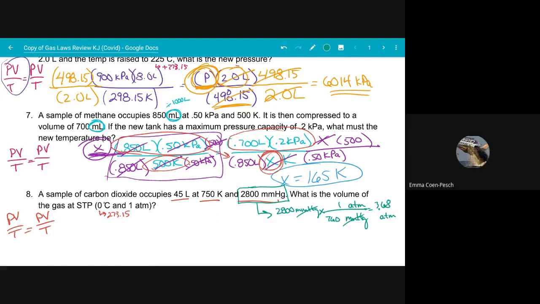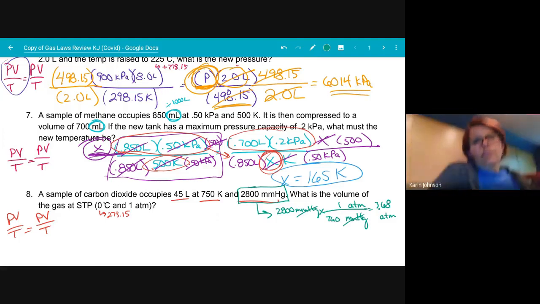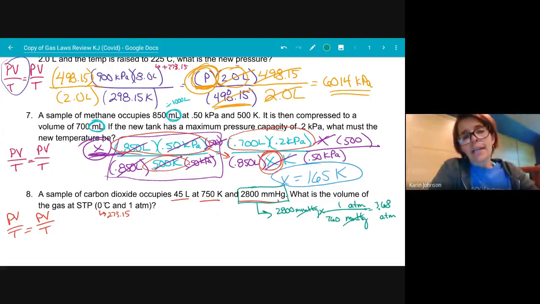All the conversions from inches of mercury, millimeters of mercury, and kilopascals, to get from those to ATM, it's dividing by a certain factor. Yes. And so, again, that's why I always do them in the same way, just like we did in stoichiometry.